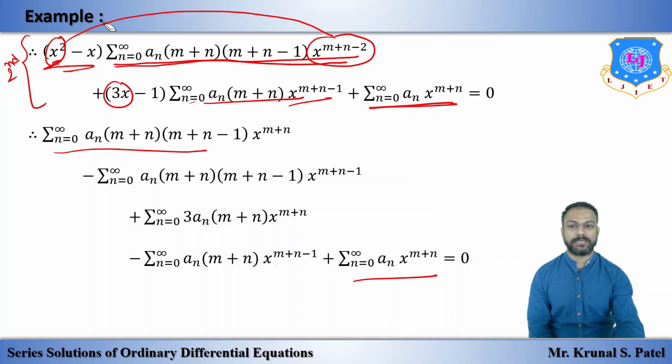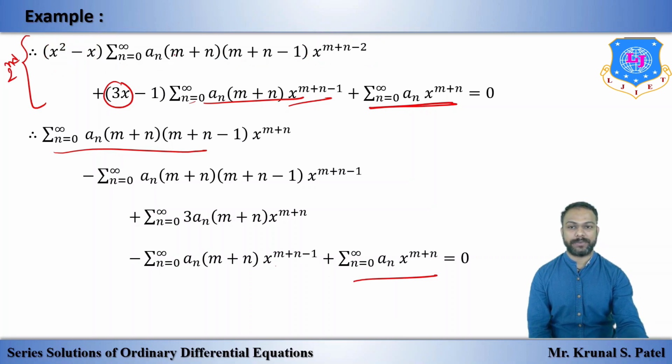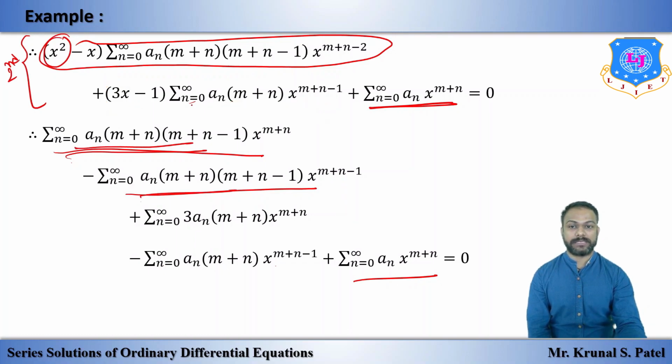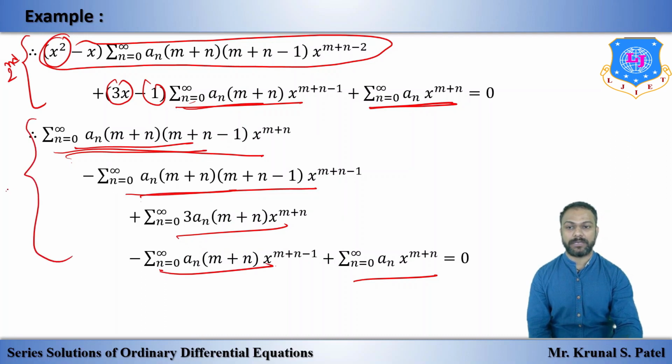So from this first term, I am just explaining again, we have these two terms, first and second. By multiplying x square, first term, by multiplying x, we have second term. And from this term, by multiplying 3x we have this, and by multiplying 1 with this, we have this. So this is our simplification, that means the third step.